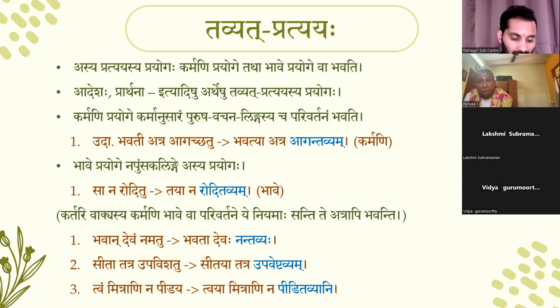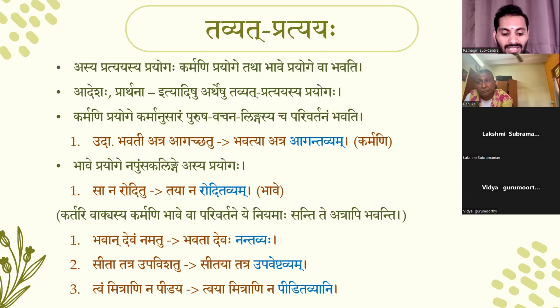Next, Sita tatra upavishatu. Upavishatu is an akarmaka dhatu, so we cannot use a karma padam in this sentence. We will simply use Sita, which changes into tritiya vibhakti, Sitaya.